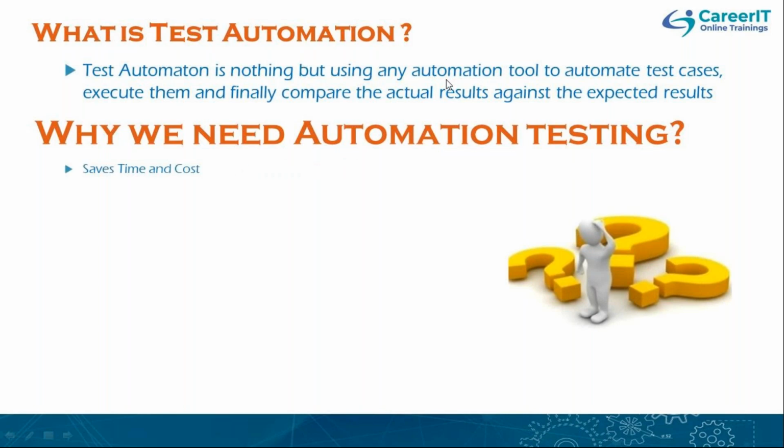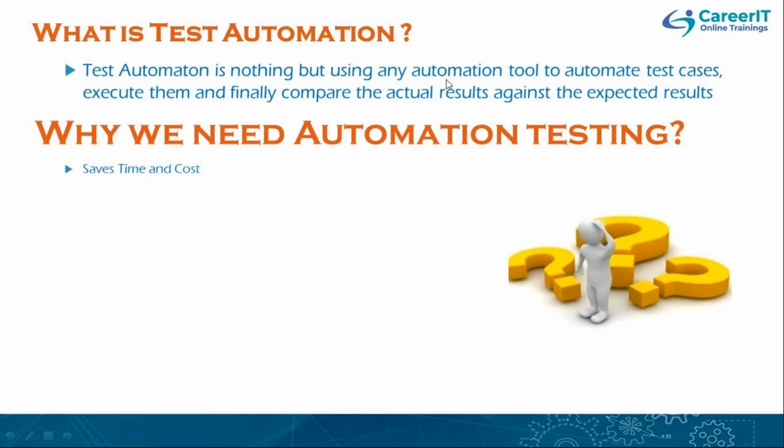There are a lot of benefits which made automation testing more popular, and one of the most important stages in the entire testing phase. It saves a lot of time and cost, because when you write your automation scripts and automate your regression suite, which has some 100 or 200 test cases, once we start running it, it will save a lot of time.